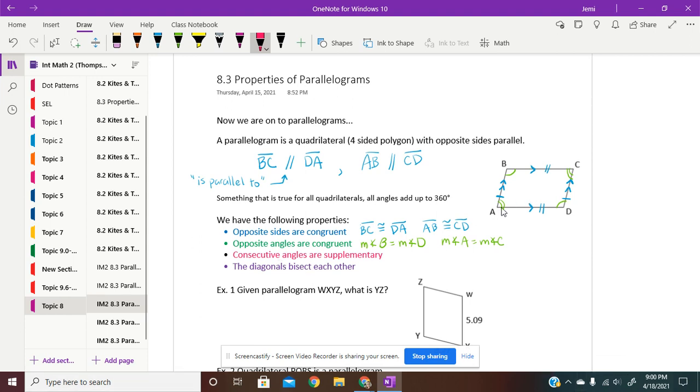Consecutive angles would be like A and B, right? They touch the same side. And supplementary means that they add to 180 degrees. So I can write an equation for that: the measurement of angle A plus the measurement of angle B is equal to 180 degrees.